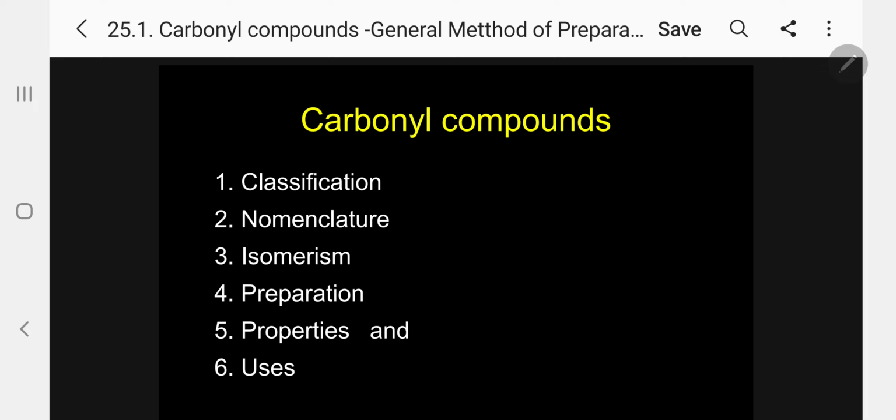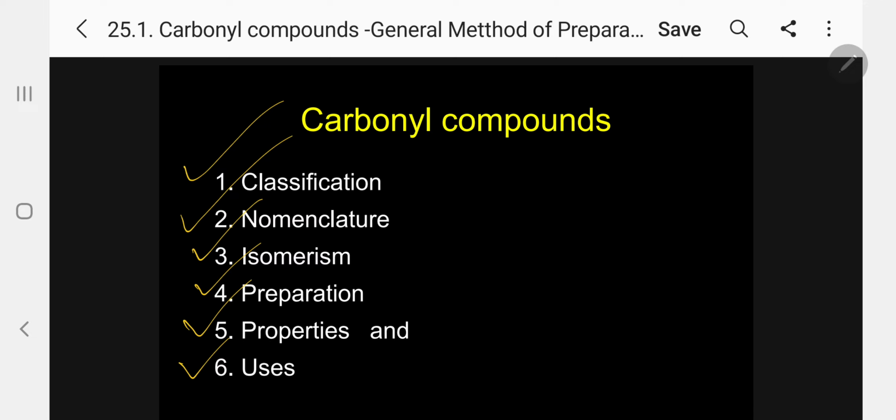Okay, right. Next, as per our routine, the information we have to discuss. So the tests we have discussed. Next: classification of carbonyl compounds, nomenclature, isomerism, preparation, properties and uses we have to discuss. I told you since aldehydes and ketones behave the same way, I will take both together under the same heading for preparation and properties.